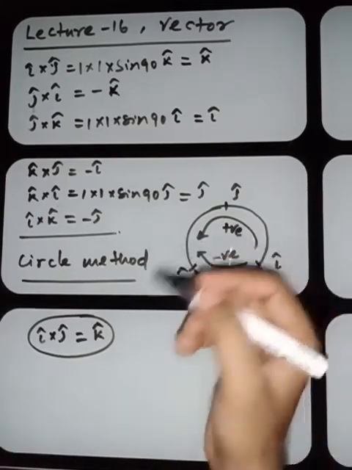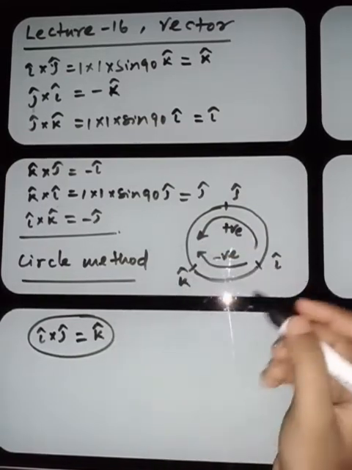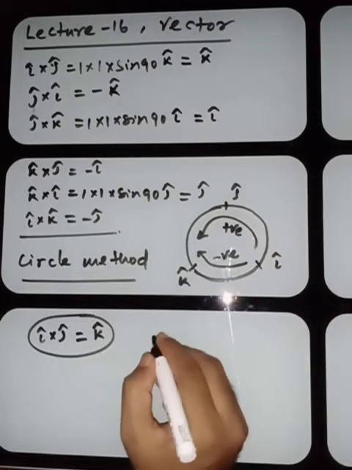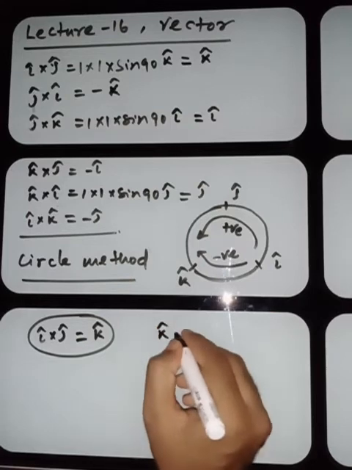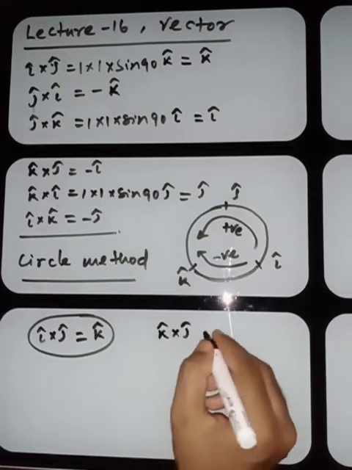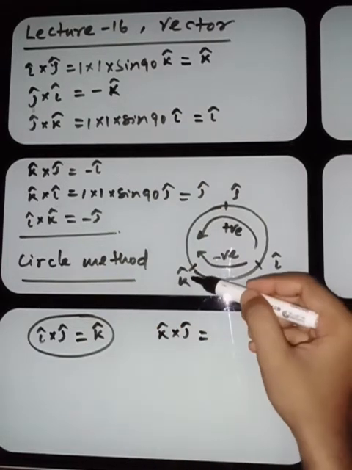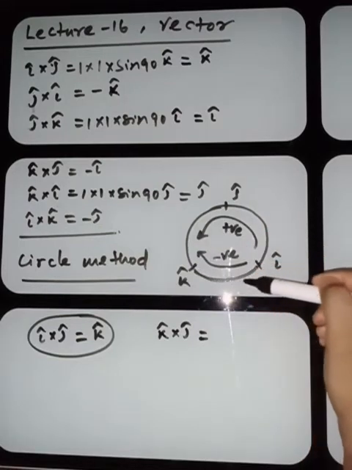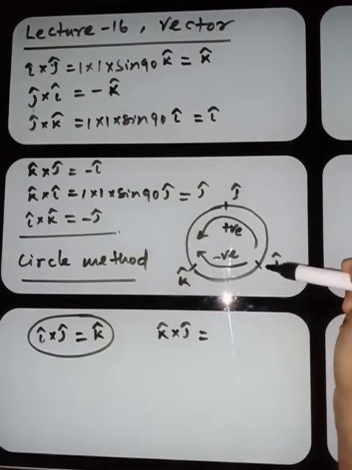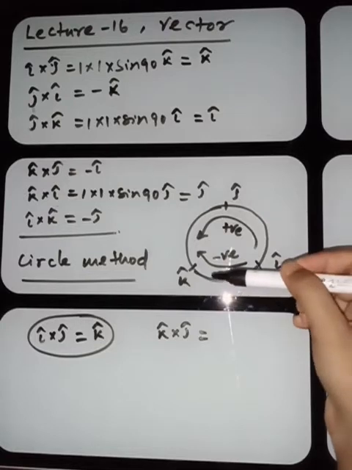All right, let me give you another one. k cross j, what will be the answer? You can see here the k and j. For k cross j, remember you cannot move k cross j like this, because you get a vector in between these two. So you have to find the two adjacent vectors.